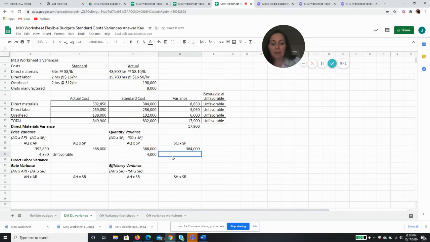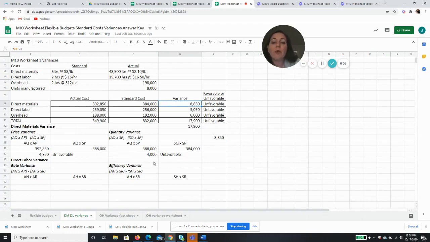And because the number on the left is higher, it is unfavorable. Okay. Now, if I want to make sure that I did this right, I can say my price variance plus my quantity variance, $8,850 unfavorable. And that's exactly what I have up here. Okay, so I know I've done this right.